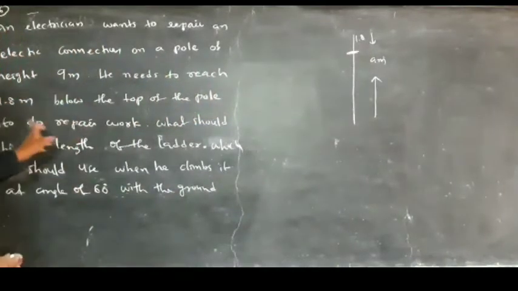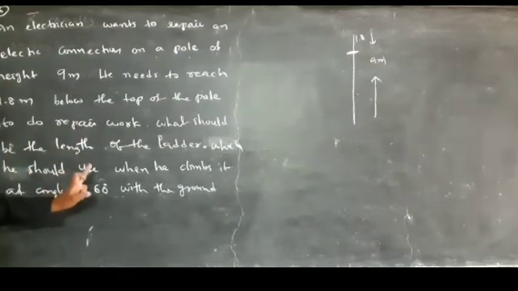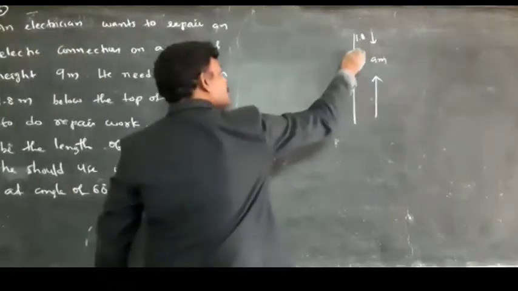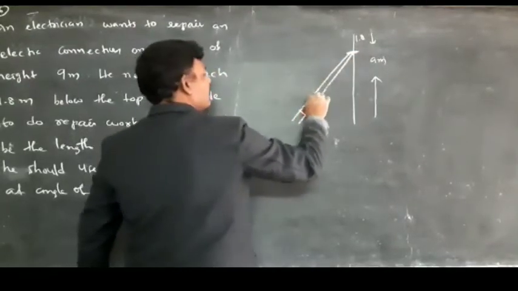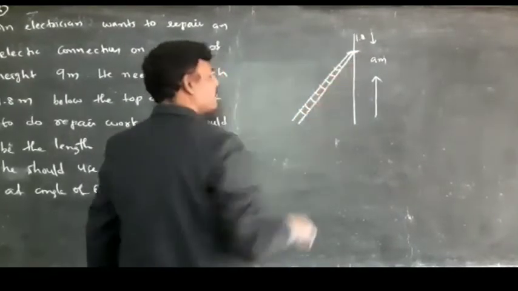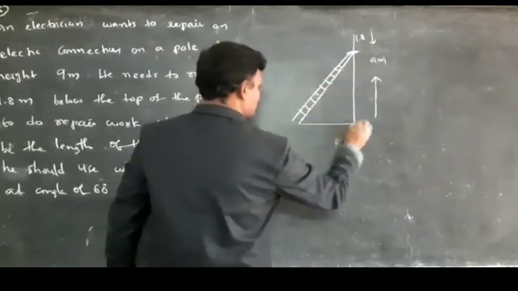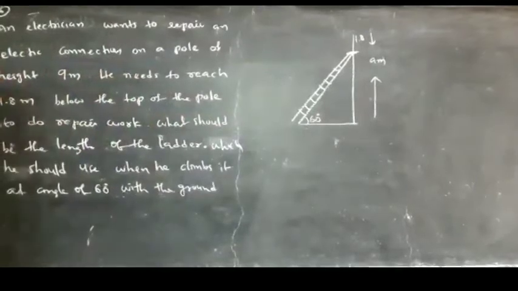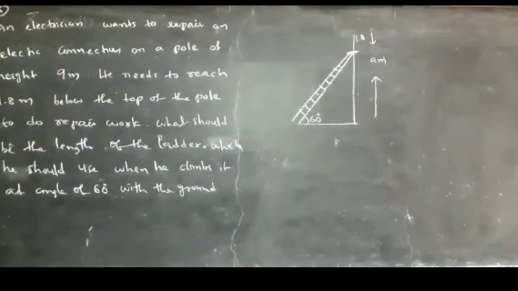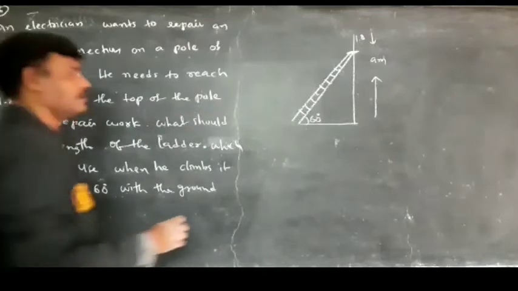To do the repair work, what should be the length of the ladder? He is using a ladder to climb that pole, and that ladder is making a 60 degrees angle of elevation with the ground. Now you have to find the length of that ladder.